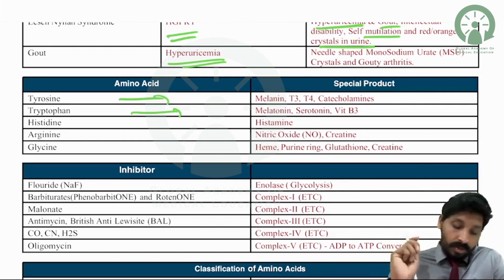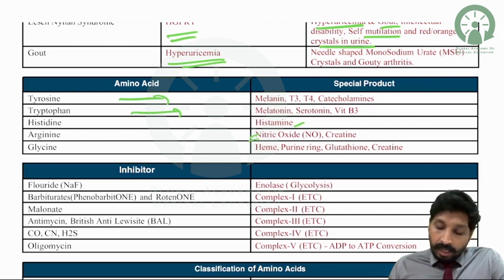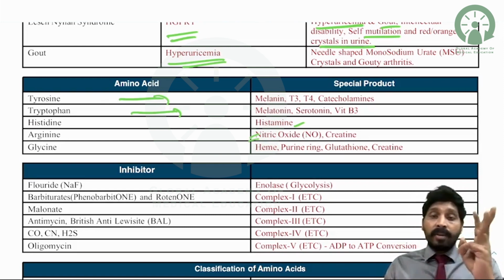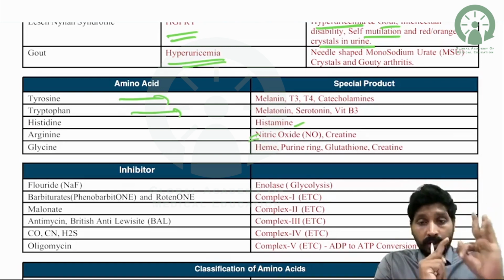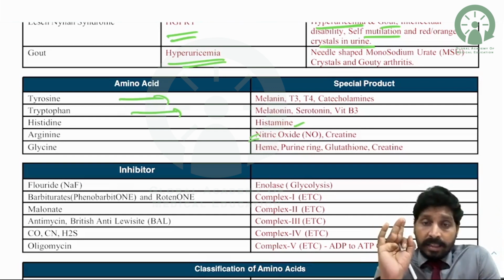Remember. Histidine is required for histamine, the allergic mediator. Arginine is for nitric oxide and creatine formation. Creatine is made from 3 amino acids: glycine, arginine, and methionine. Remember this composition also.